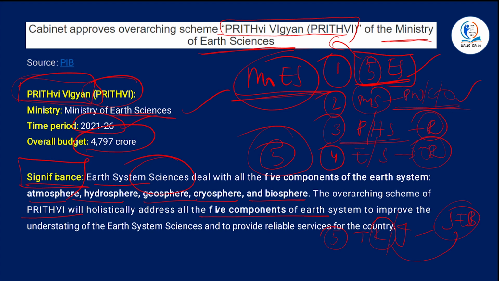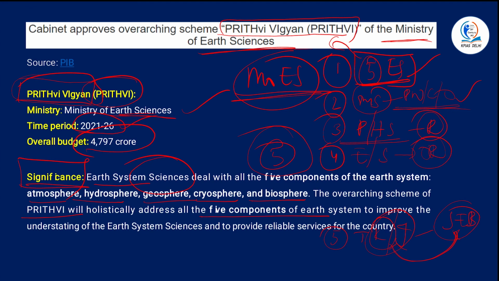This translation has to happen. The knowledge, information and innovation that we have has to be translated into societal, environmental, and economic benefits. These are the primary objectives of Prithvi or Prithvi Vigyan scheme of Ministry of Earth Sciences.